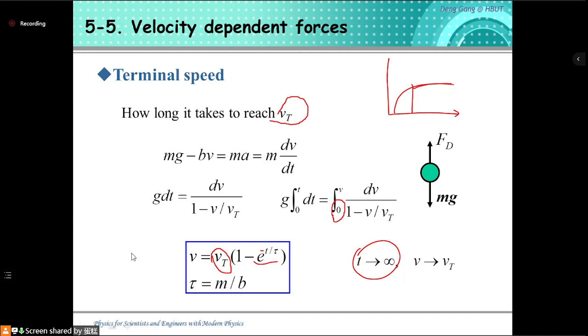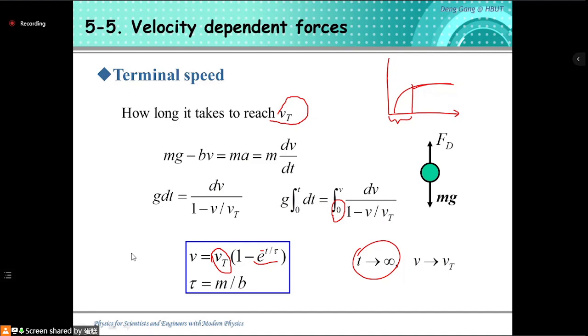But if you feel this time is still too long, maybe because you jump out of the plane with not large enough height, you can do it like this. As I said, when you jump out of the plane, you may not use your parachute at first.